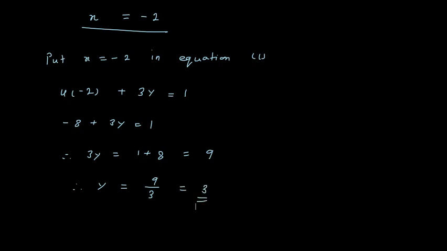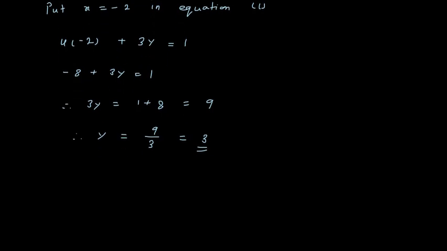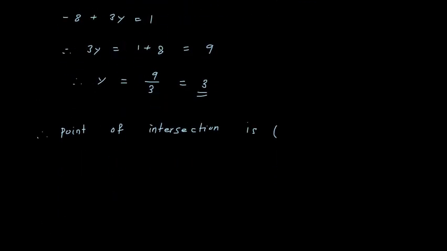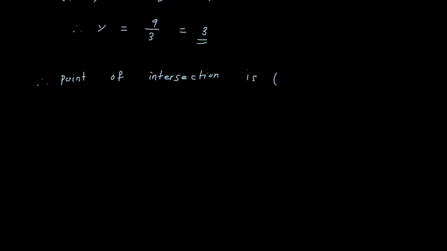So x is minus 2 and y is 3. Therefore the point of intersection is minus 2 comma 3. So point of intersection done.